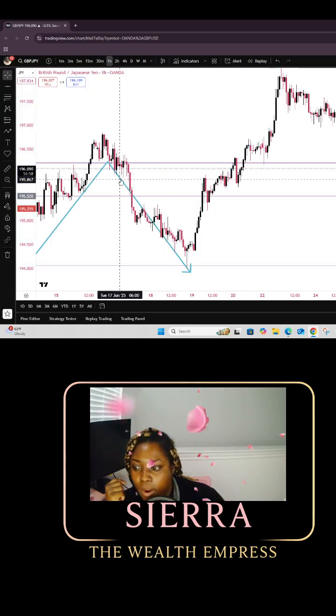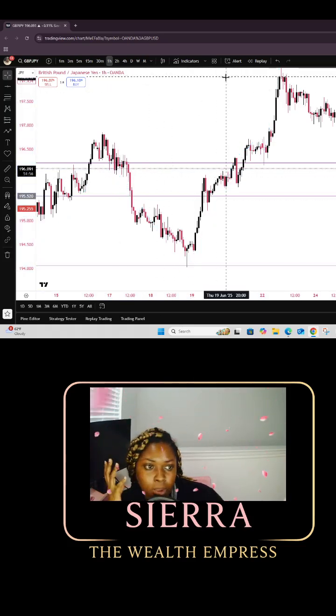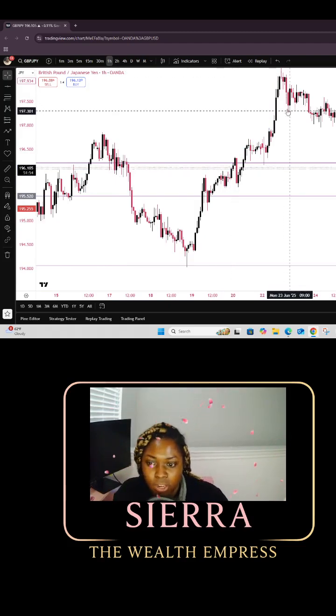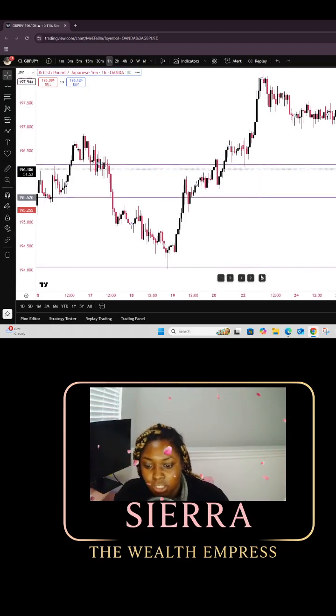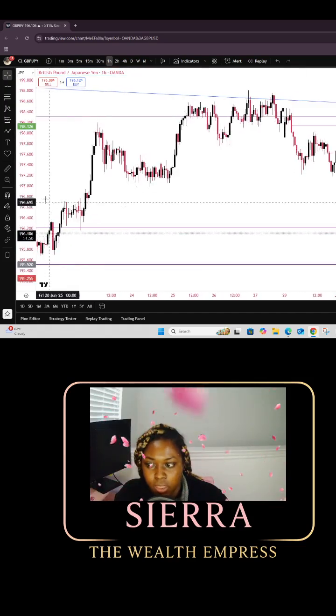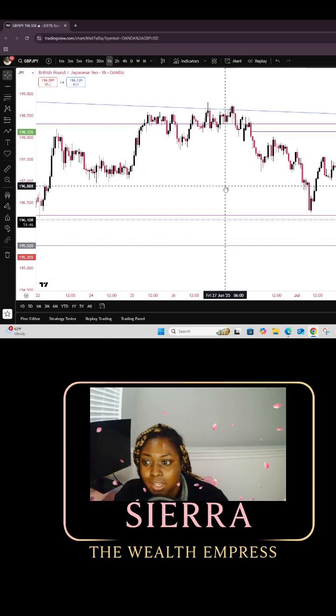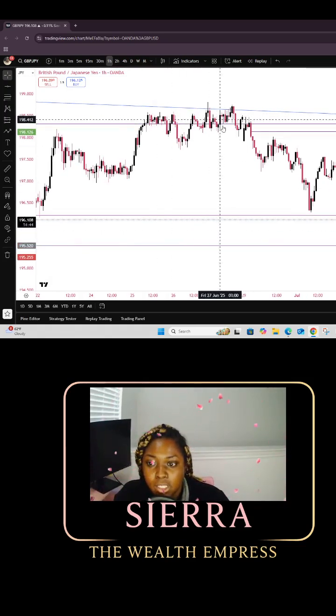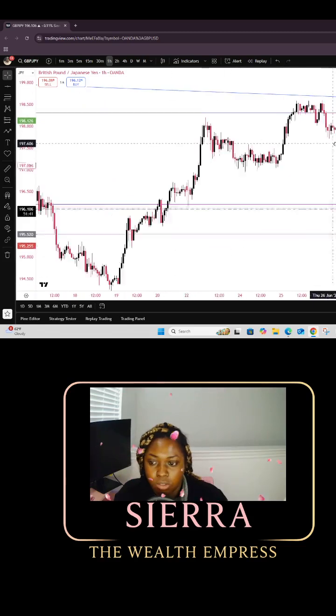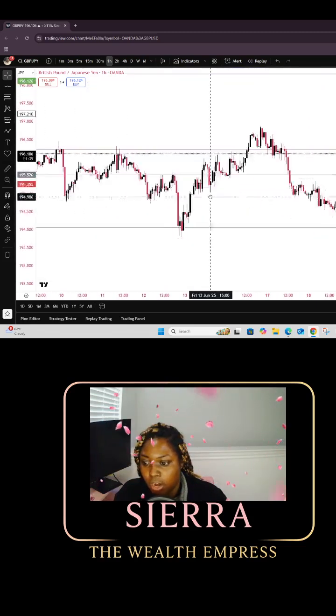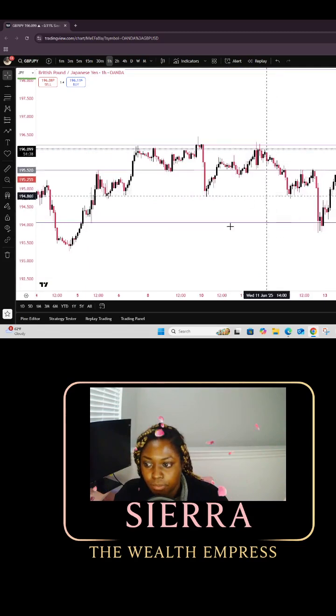So it's all about waiting for price to get to your, they call it POI, point of interest. I just say wait for price to get to your zone and then let the zone show you what it wants to do. A lot of the times you're going to get consolidations on these zones, right? You're going to have to wait a little while.